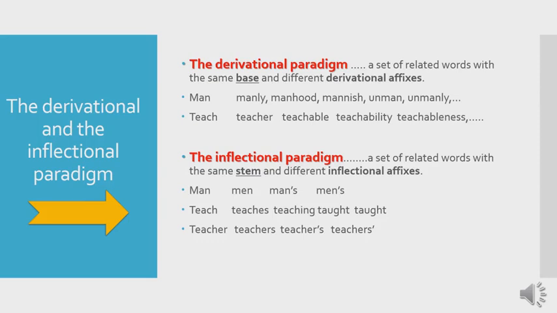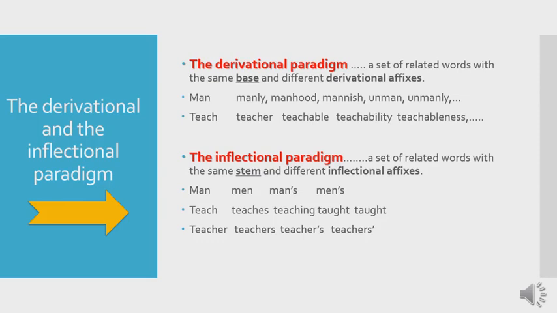Man is a noun. We have only 3 inflectional affixes for nouns: S plural, S singular possessive, and S plural possessive. So we have man, men, man's, and men's. This is the inflectional paradigm of man.